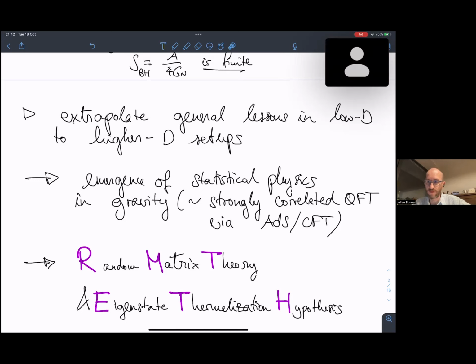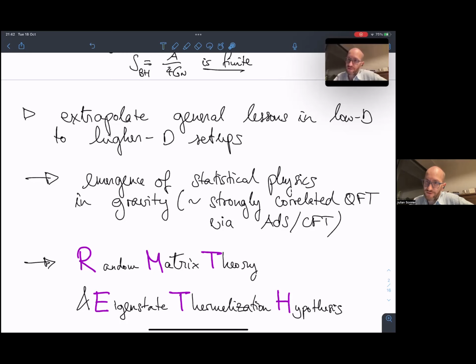I know this is a weird thing, but do you think chaos is important, like an integrable theory will not have black holes or something? That's a very good question. What one can say is that in principle, an integrable theory will not thermalize.